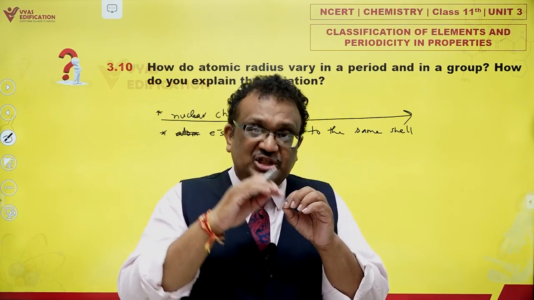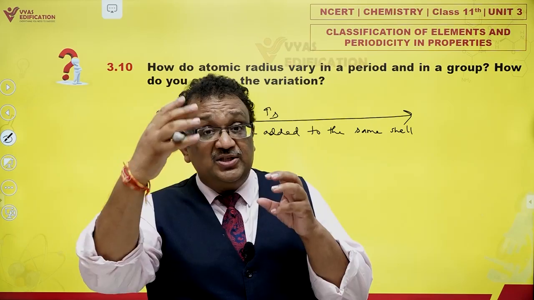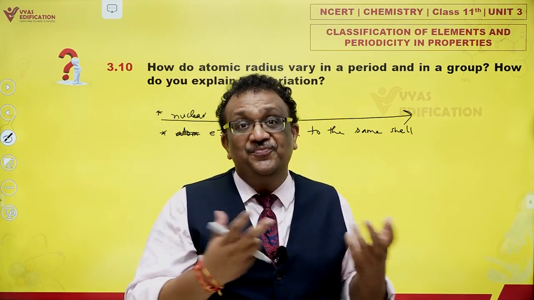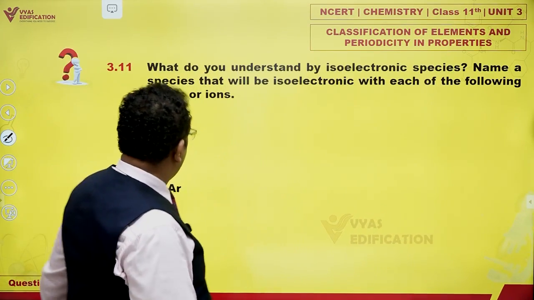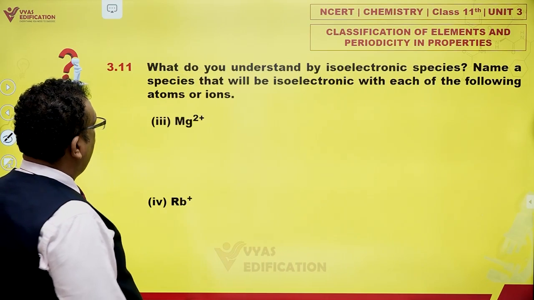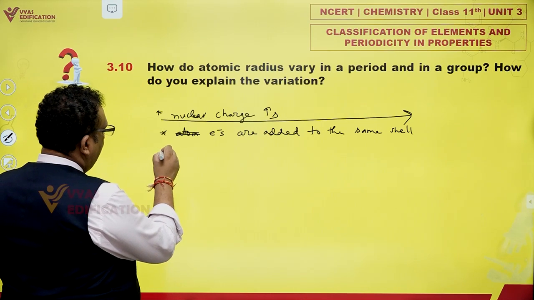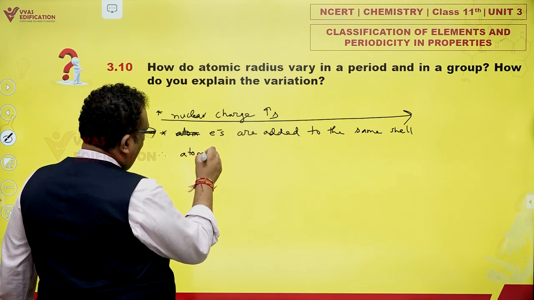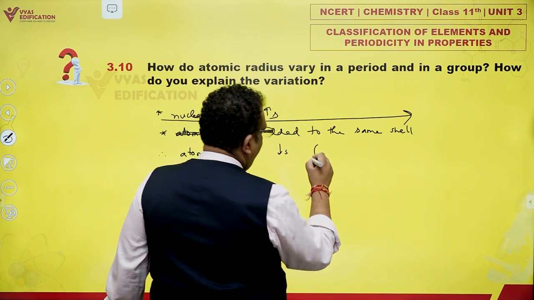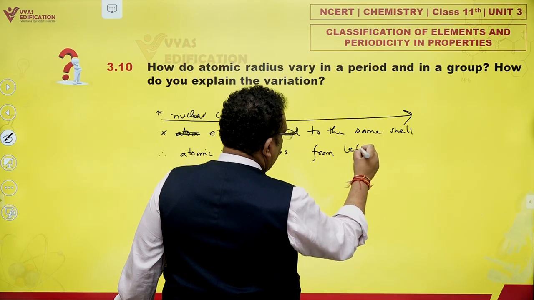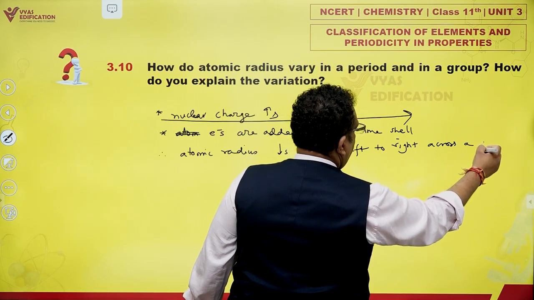A shell represents the distance from the nucleus. Now, if electrons are being added to the same shell, and the same shell is being attracted more strongly, very naturally, if you attract it more, the atom would become smaller. So we say that atomic radius goes on decreasing. Indeed, we find, therefore, that atomic radius decreases from left to right across a period.